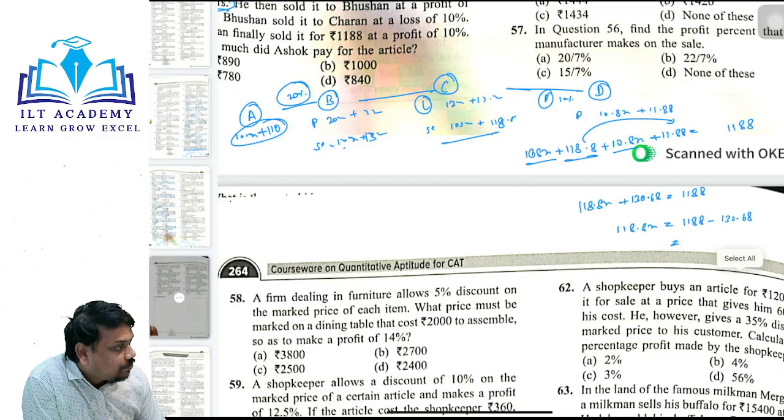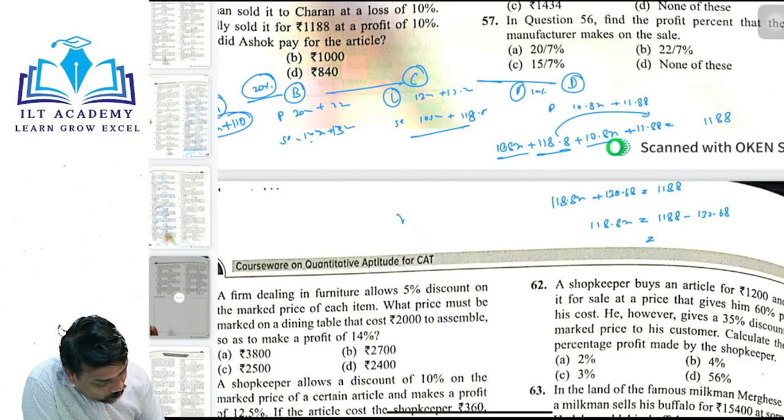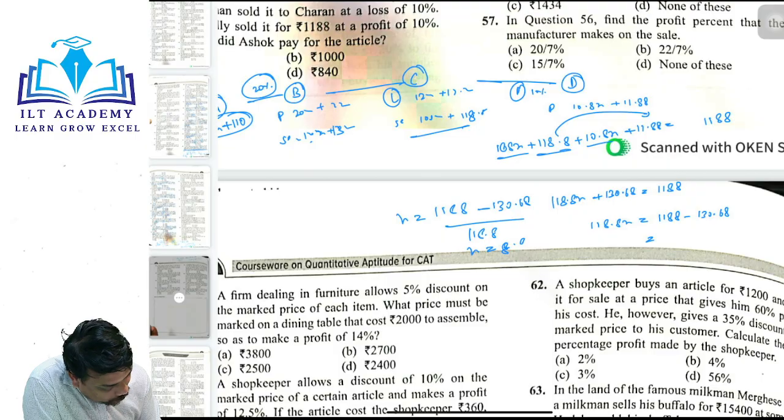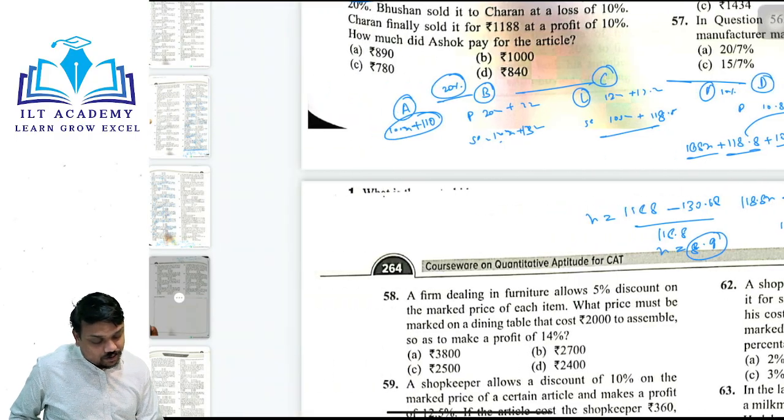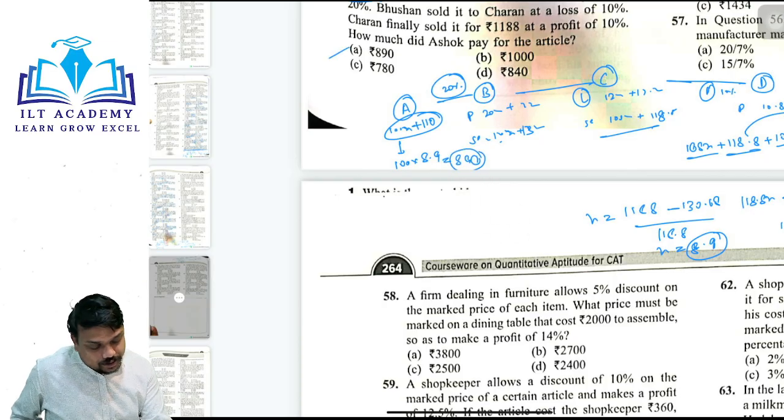Do it. X is equal to 1188 minus 130.68 divided by what? 118.8. X is equal to 8.9, is it coming? 8.9. Yes, very good. X is 8.9. We paid how much? 100x. So 100 into 8.9 will be 890. And the answer is 890.